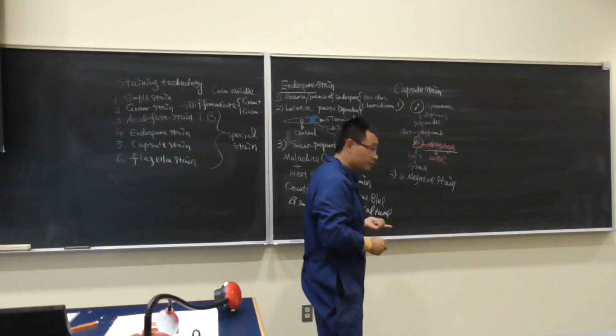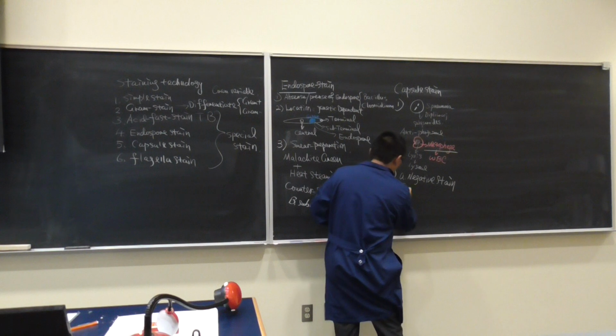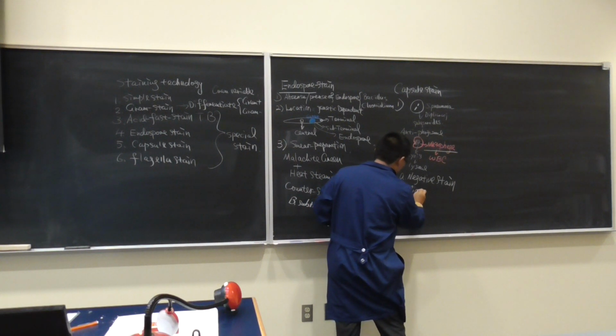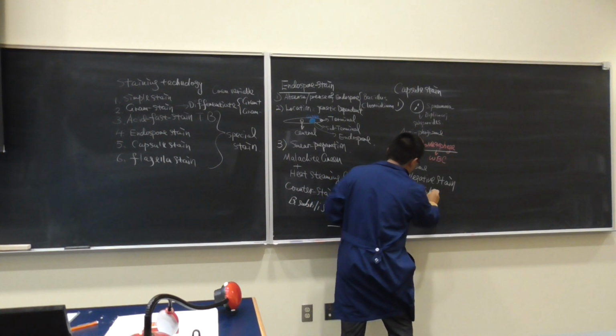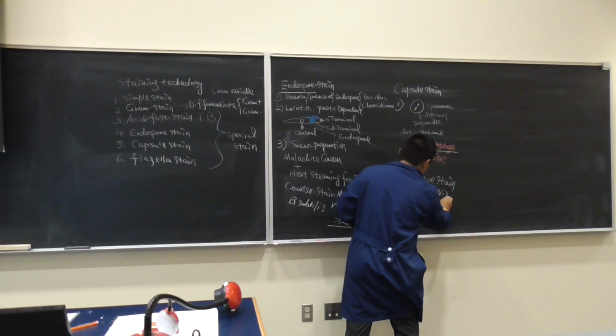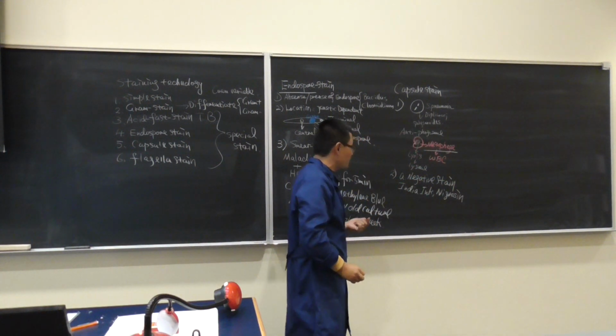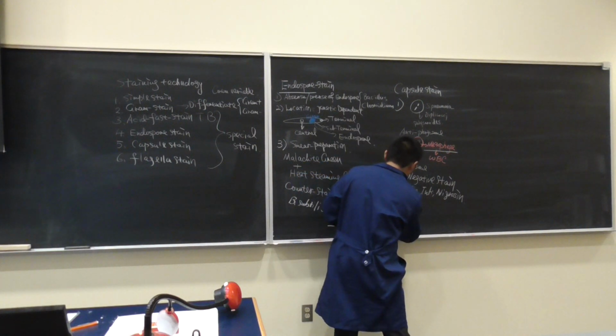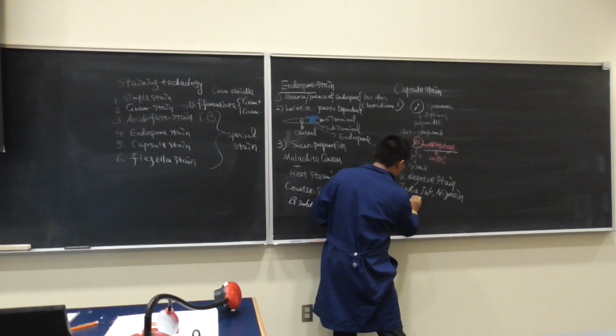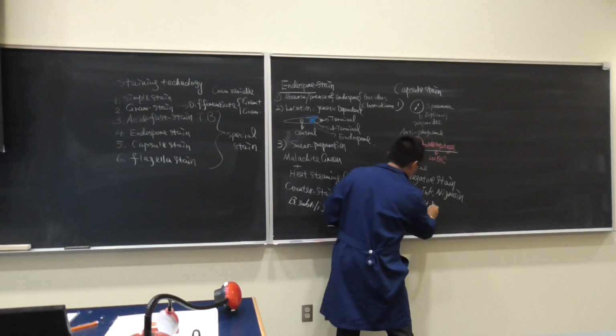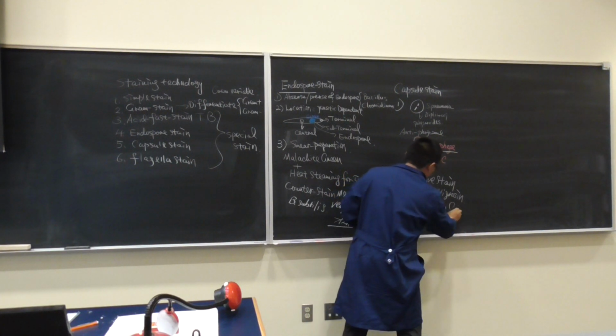Now what type of dye can we use? It is India ink and nigrosin. That can be used to do the negative stain, staining the background. Now the second method is that we can directly stain the capsule.